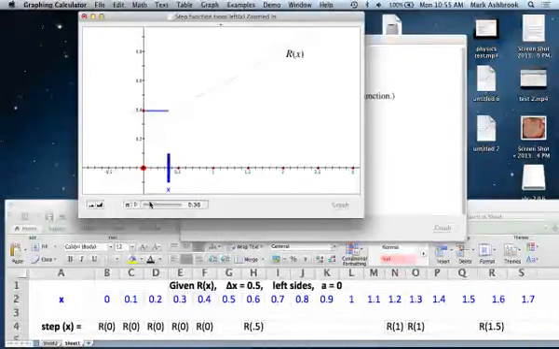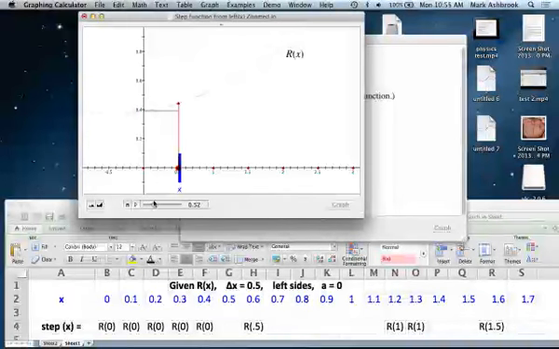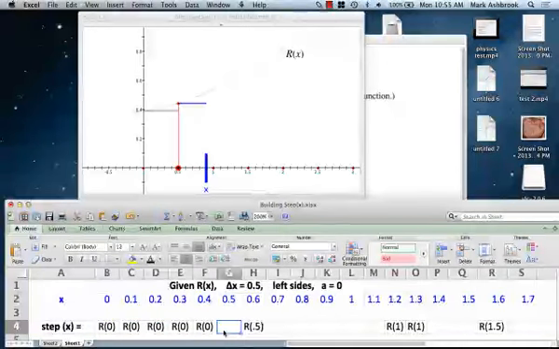Do you see? And then what happens at 0.5? What's the value of the step? Yep, all the way from starting at 0.5 up to, but not including 1, they are R of 0.5.